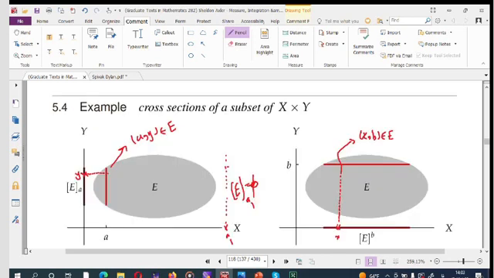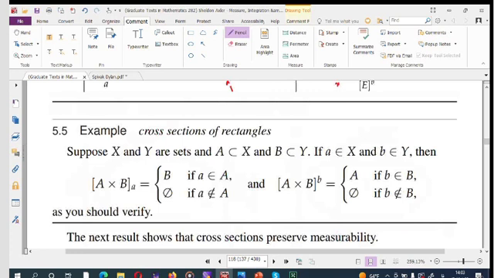But for rectangles, the section at A equals B exactly if A belongs to A, and if A does not belong to A, it is the empty set. And this section equals A if B belongs to B, and otherwise it is the empty set.